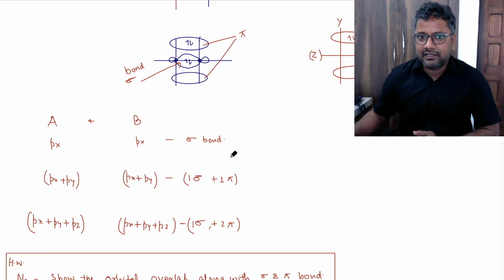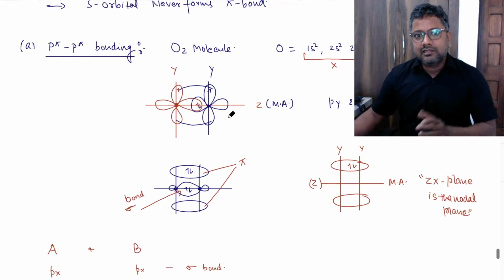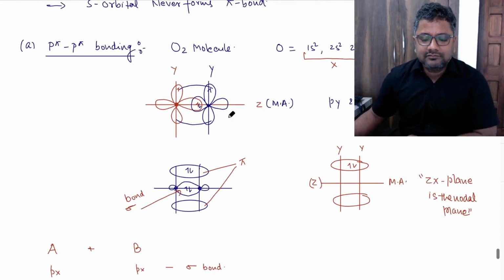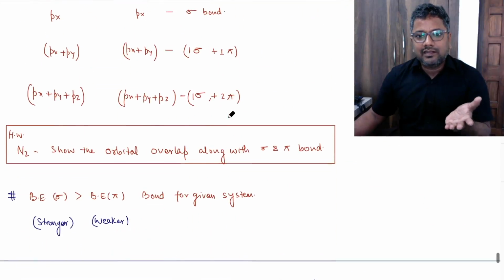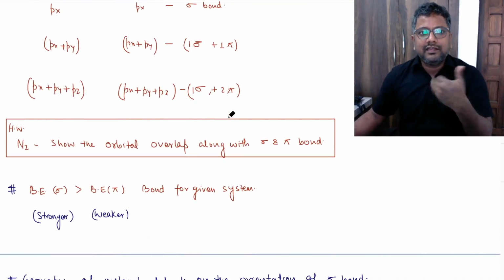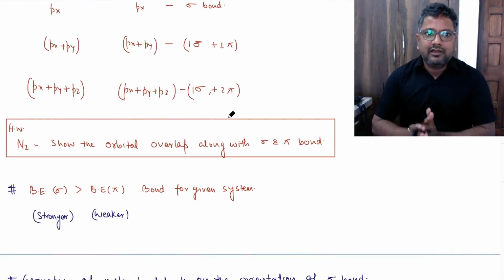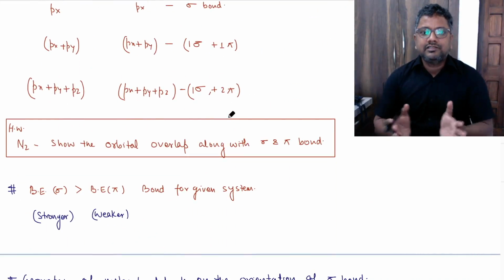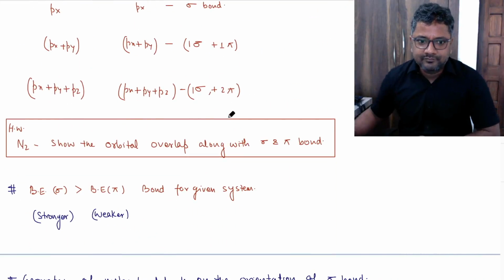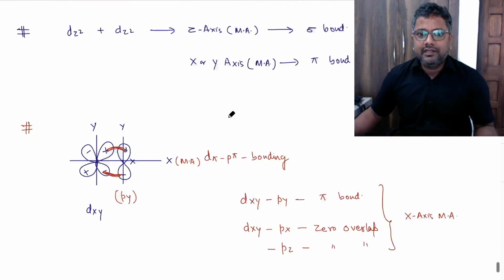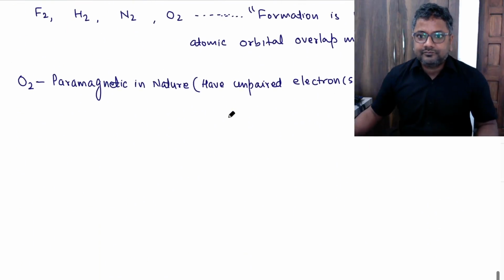Here in the O2 case there is no unpaired electron in the bonding, but the molecule is paramagnetic, and in nitrogen there is no unpaired electron and it is diamagnetic. So we cannot link these two things together by this model. So definitely we need some other theory.